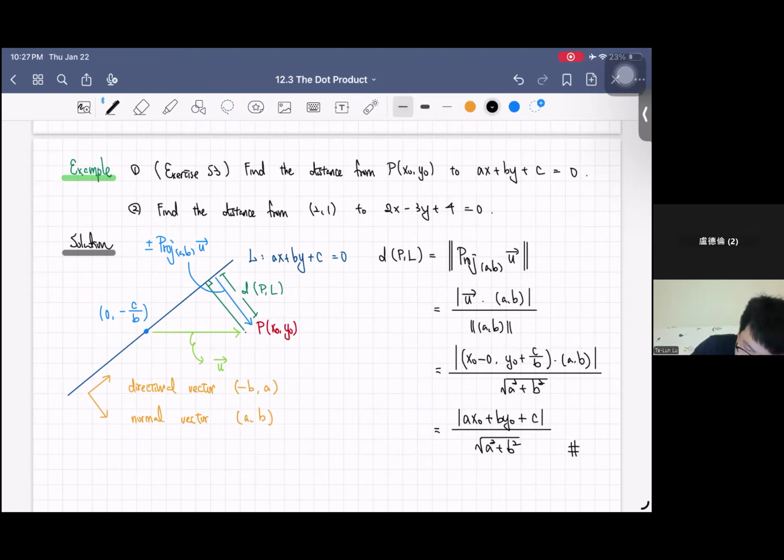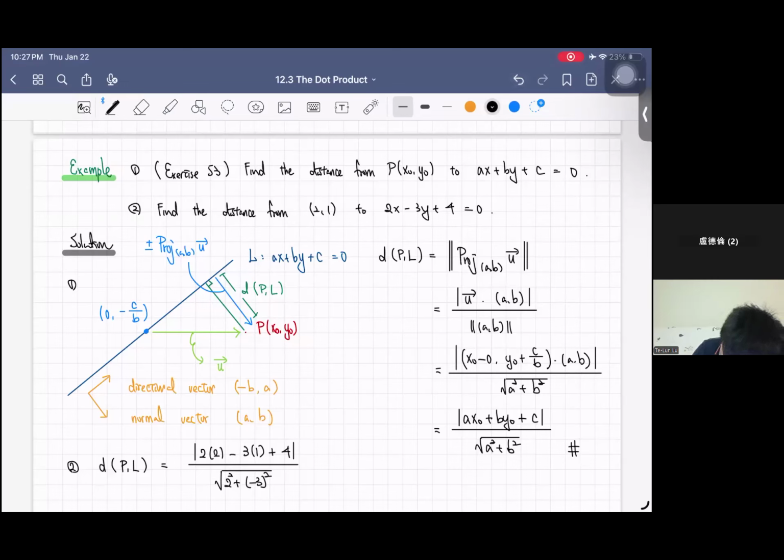So this is for problem 1. Problem 2: d(P, L) will be, again, just plug the numbers into the equation: 2 times 2 minus 3 times 1 plus 4, taking the absolute value, divided by the square root of A squared plus B squared.